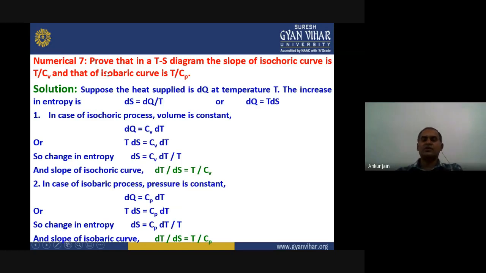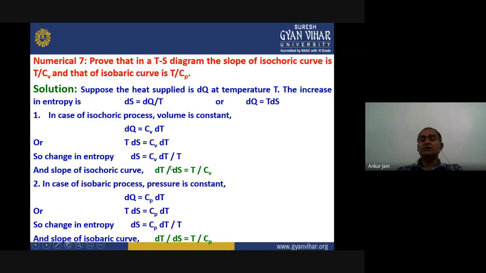First we will calculate for the isochoric process. In the isochoric process, what happens? Volume is constant. If volume is constant, then we can represent the specific heat in this term, dq equals Cv dT. Here for dq we can put T ds. It becomes T ds equals Cv dT, or ds equals Cv dT upon T.